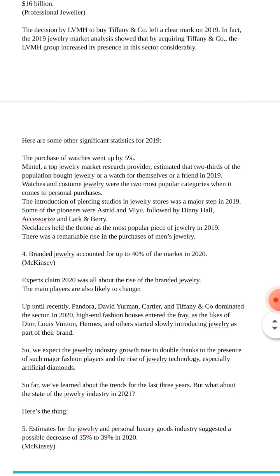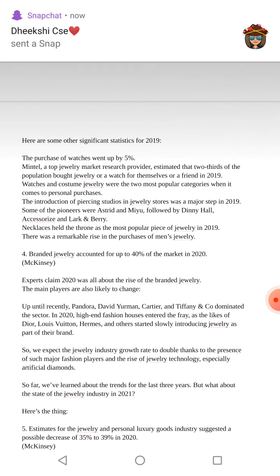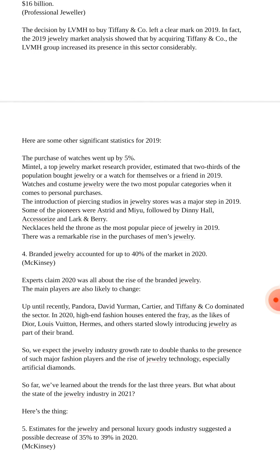Here are some significant statistics for 2019. The purchase of watches went up by 5%. Mintel, a top jewelry market research provider, estimated that two-thirds of the population bought jewelry or a watch for themselves or a friend in 2019. Watches and costume jewelry were the two most popular categories when it comes to personal purchases.